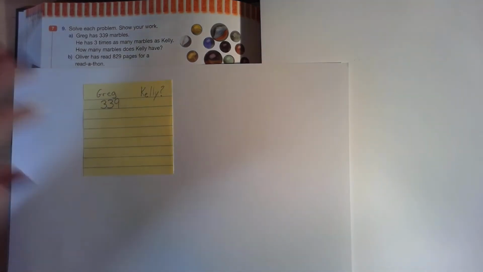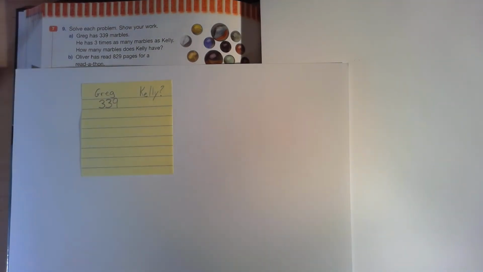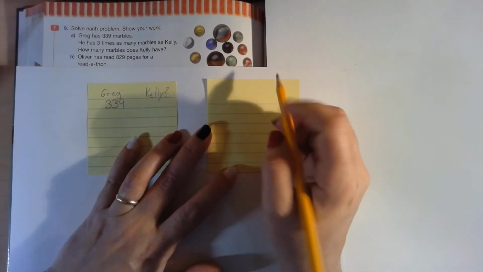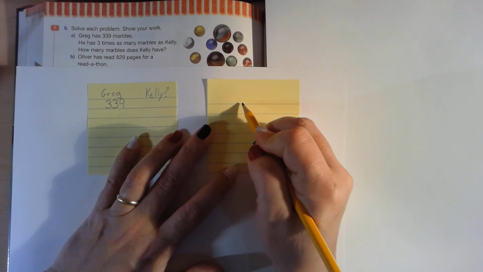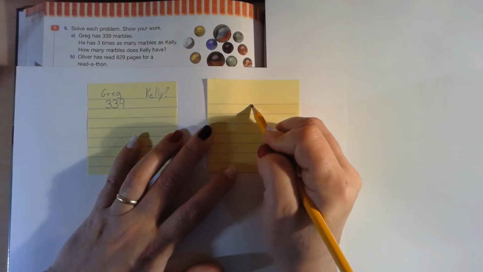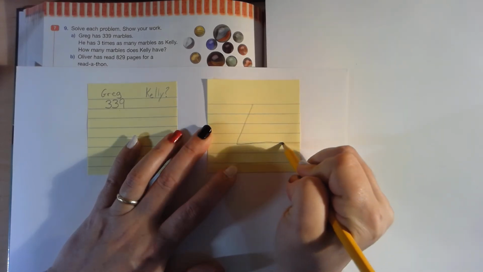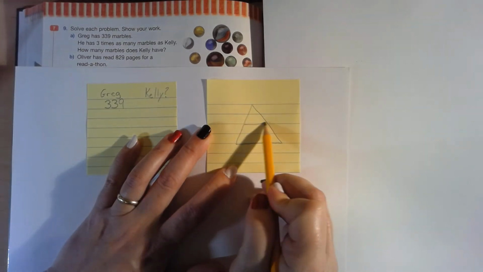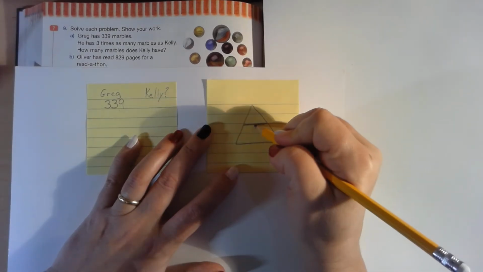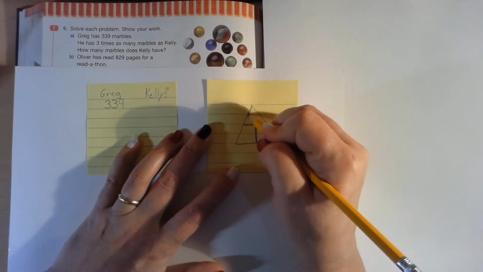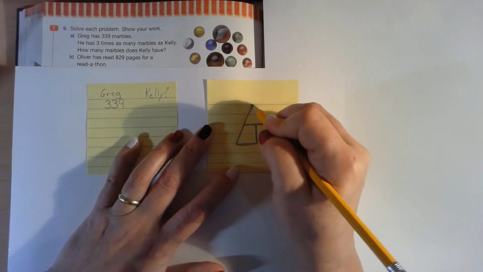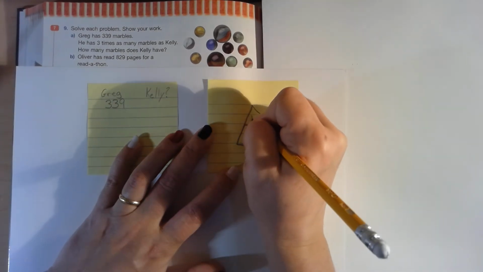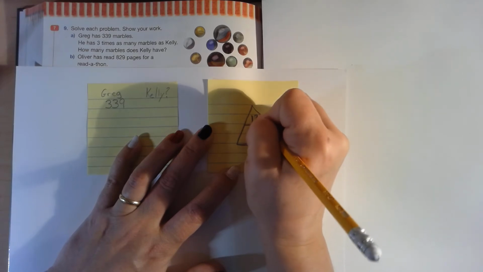Do you remember when we did our little triangles? This will help you. So we did part whole. Let's say I had a triangle like this. So if I gave you the number, I'm going to make it 12 actually.